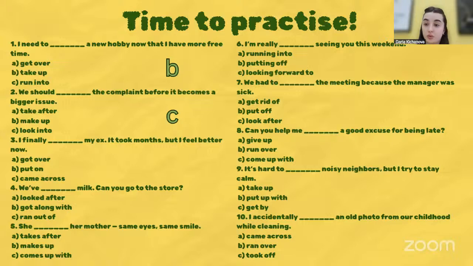So, put on, it's to wear something, and come across it means to seem to be like that. For example, I came across as a friendly person when, I don't know, when my friend saw me first. Okay, I can see your answers, thank you. And that is A. I finally recovered, yeah? I finally recovered, got over my ex.